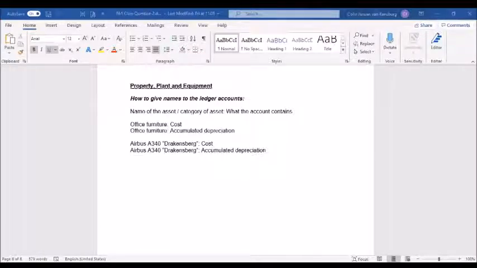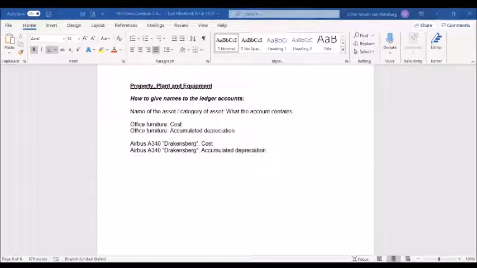So, ladies and gents, what we now need to understand is that we do need to provide additional information. But because we do not want any statement, including the statement of financial position, to cover more than one page, because like we said, then it becomes confusing, it means that extra additional information must be disclosed in the notes to the financial statements.